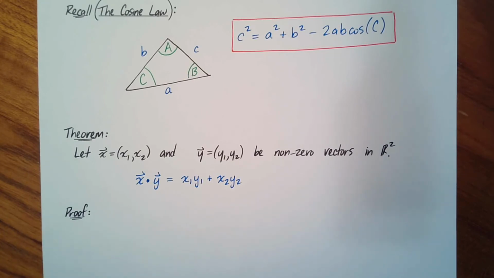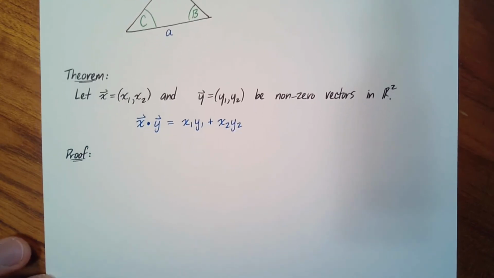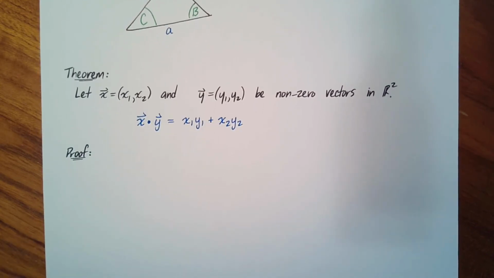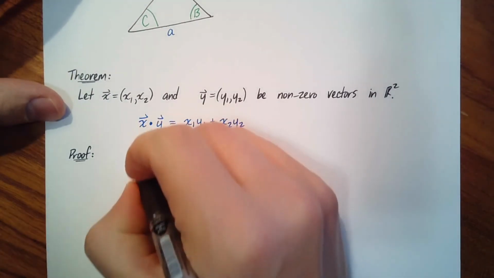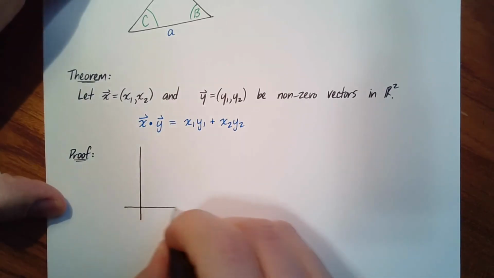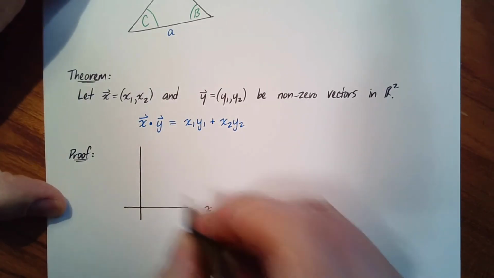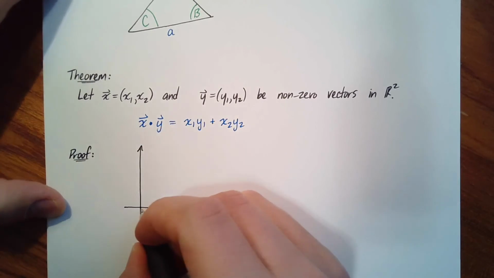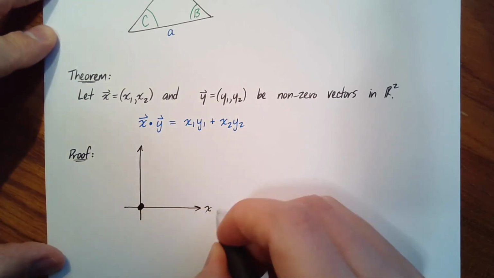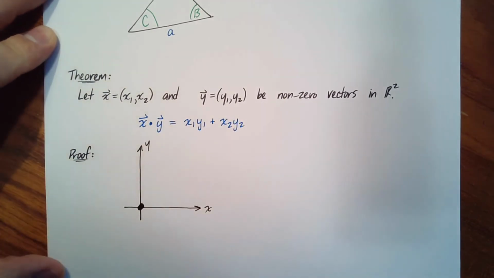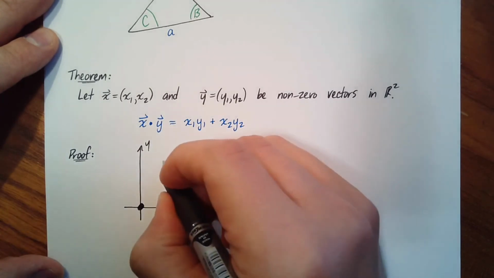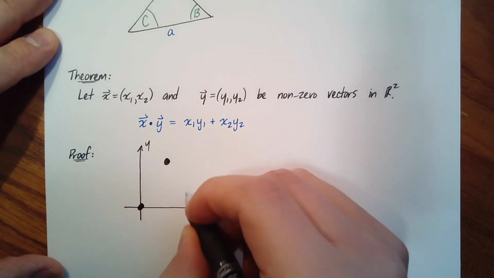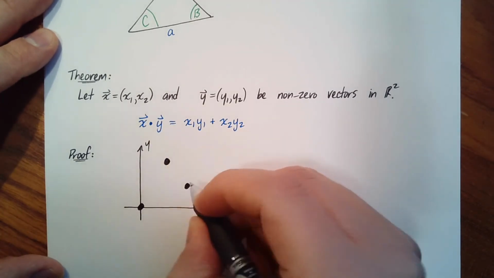In order to prove this theorem, we're going to use the cosine law. So we're going to start by drawing that vector picture. We've got two vectors that both start at the origin, and they have their own terminal points.